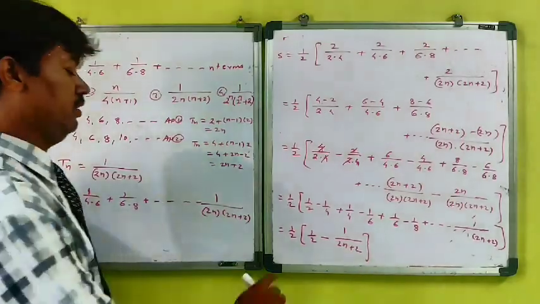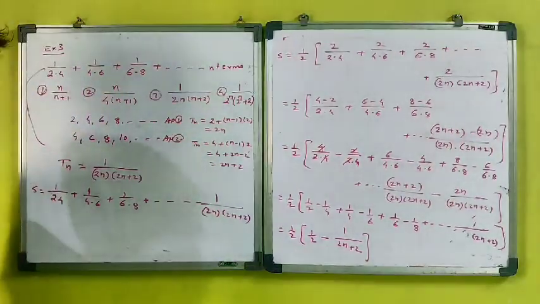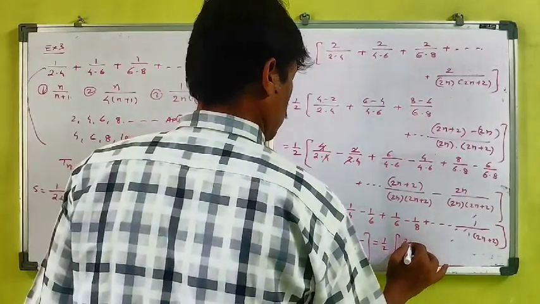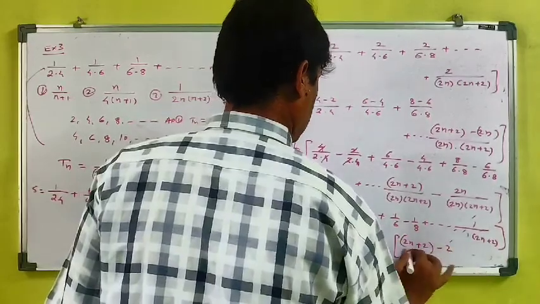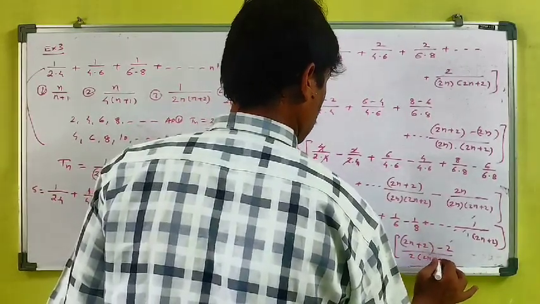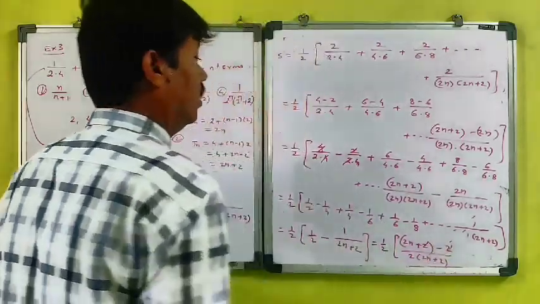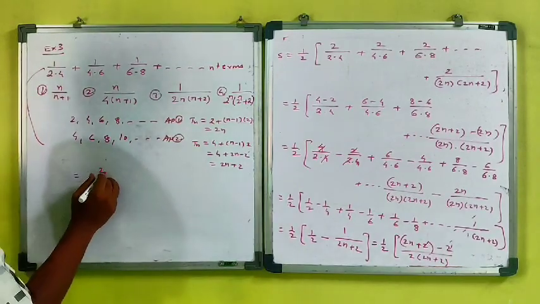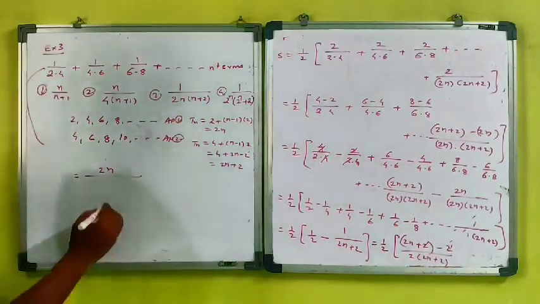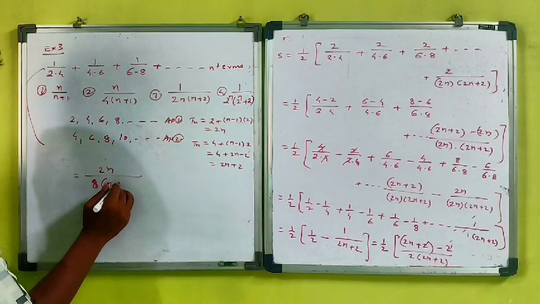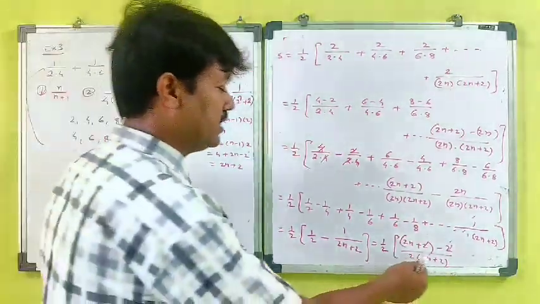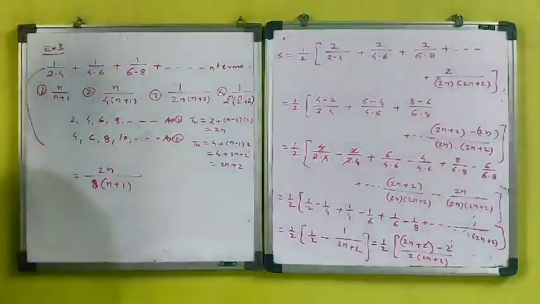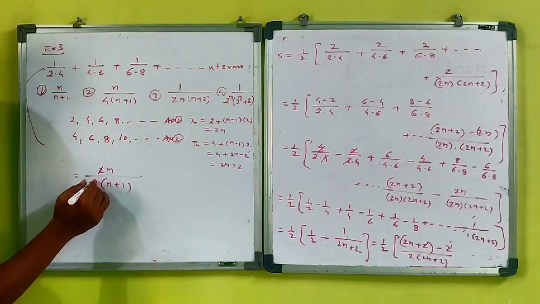Now this 1 by 2 we will take in, and then otherwise you can simplify here: 1 upon 2 as it is, and this is (2n plus 2 minus 2) upon 2 into (2n plus 2). 2 cancels, 2 cancels, so it is 2n upon 4, in fact it's 8 into (n plus 1), because 2 is common, so 2 into 2 into 2 becomes 8, and on top is left 2n. This 2 cancels with this, so that becomes 4.